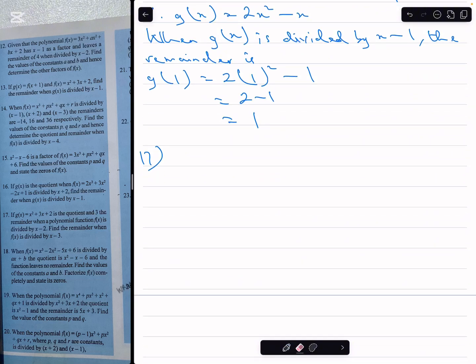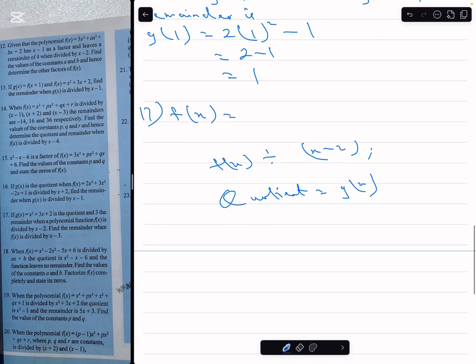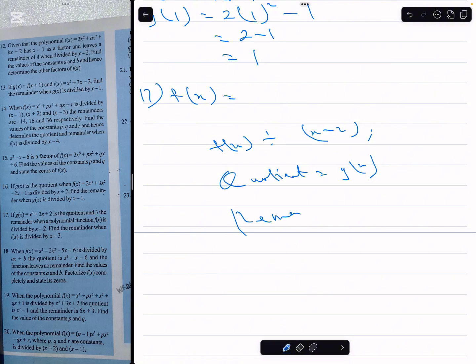That means when you divide f of x by x minus 2, it will give us a quotient, which is g of x, that is x squared plus 3x plus 2, and the remainder is 3.